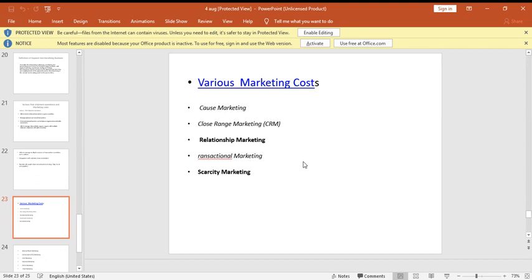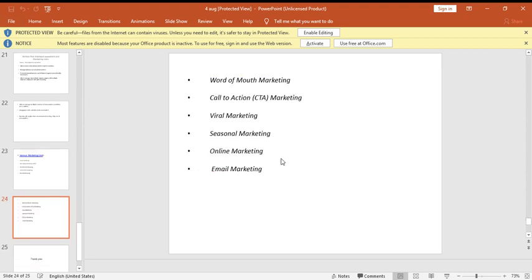And about the various marketing costs, that is cost marketing, close range marketing, relationship marketing, transactional marketing, scarcity marketing, word of mouth marketing, call to action, CTA marketing, viral marketing, seasonal marketing, online marketing, and email marketing.